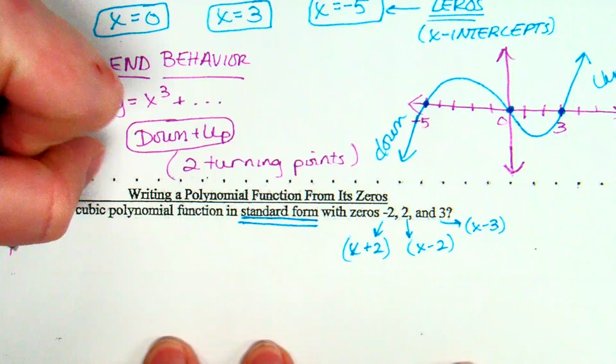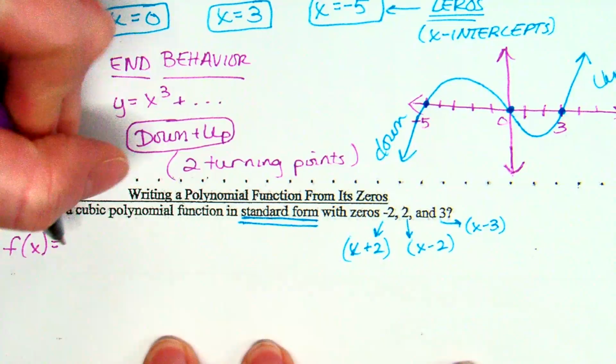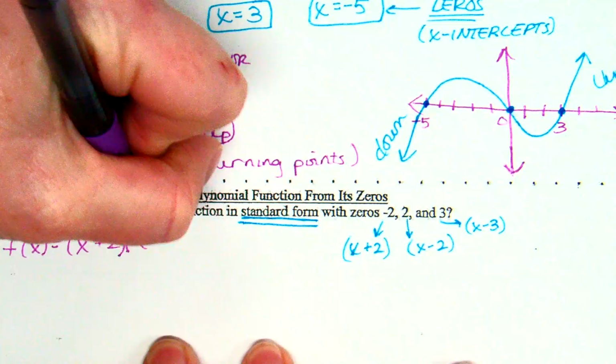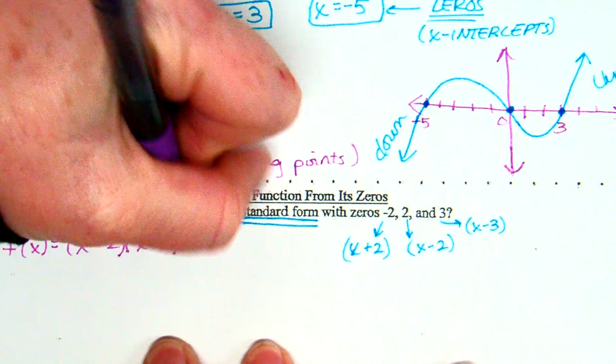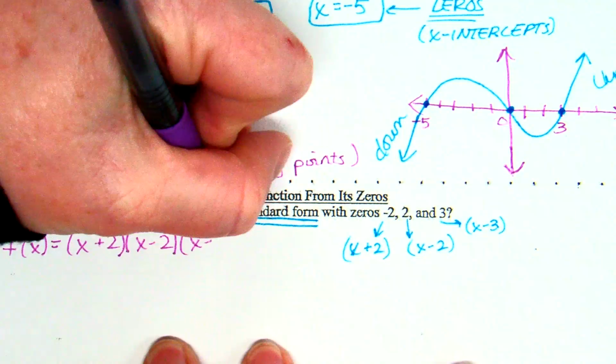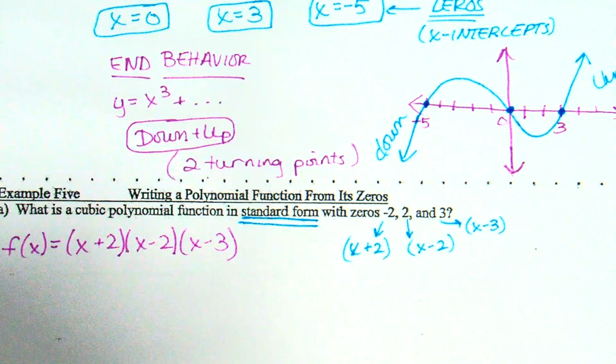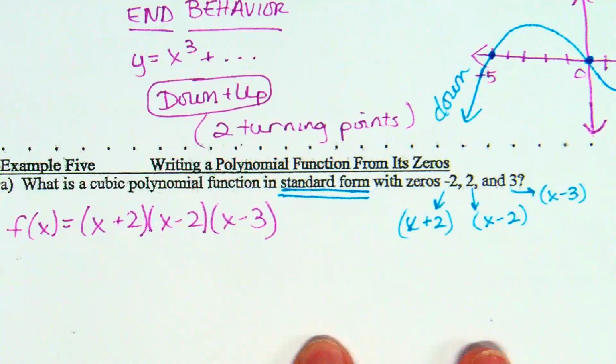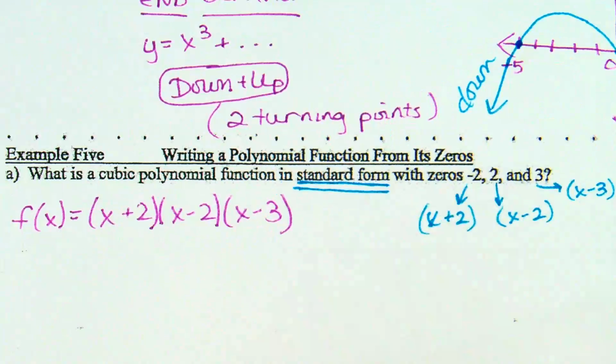So we're going to use those to write our cubic polynomial function. f of x equals, I'm going to write my 3 parentheses, x plus 2 times x minus 2 times x minus 3. So each zero got a linear factor. Am I in standard form?